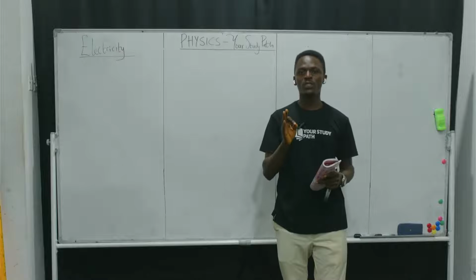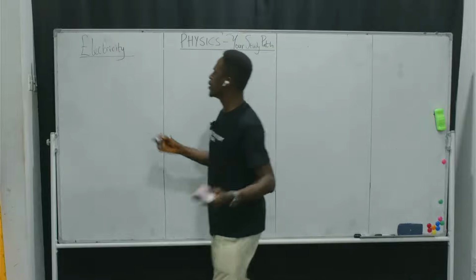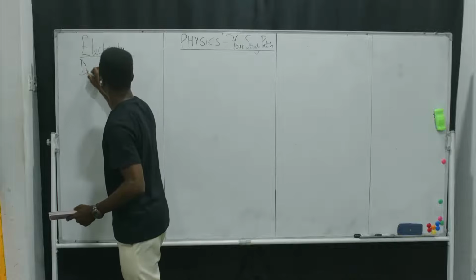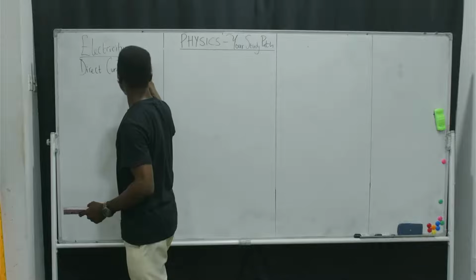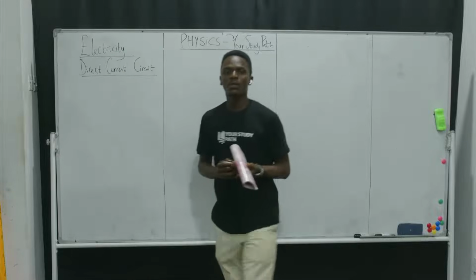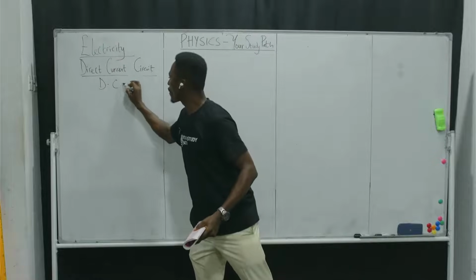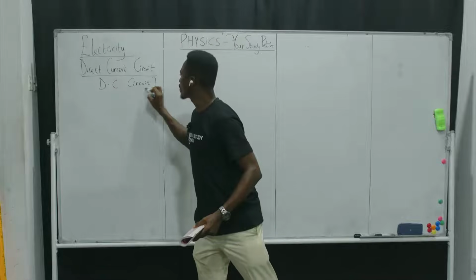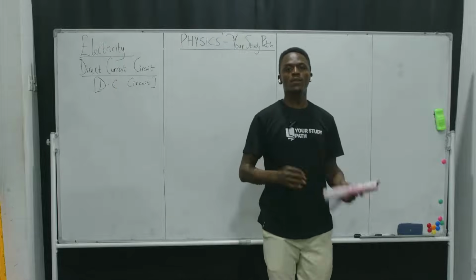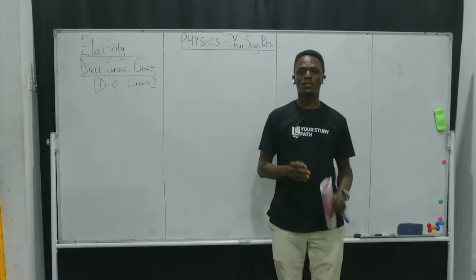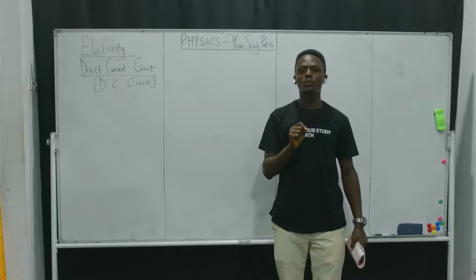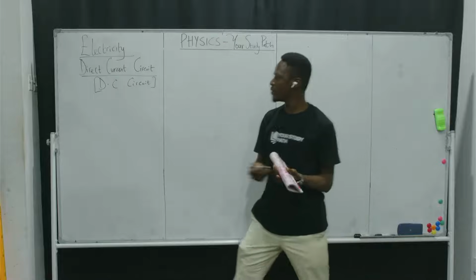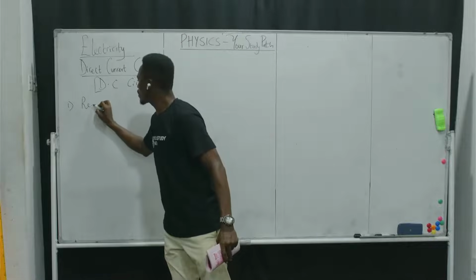First and foremost, we get right into your direct current circuit. What are the key highlights of your direct current circuit? You're expected to have at the back of your mind that the key element the UTME examination will be centered on revolves around physical quantities like, number one, resistance.